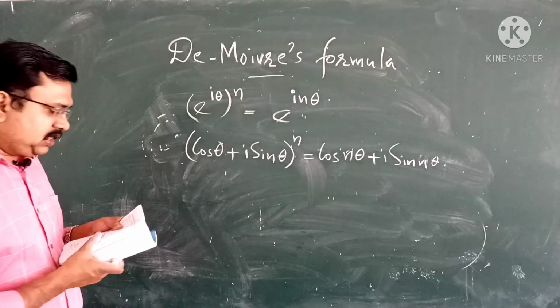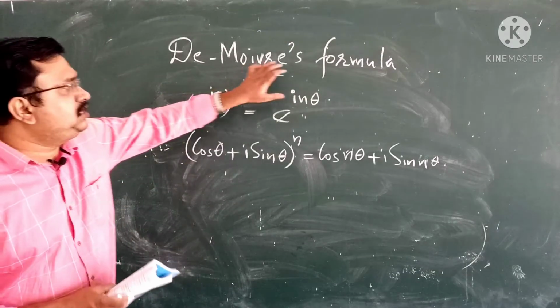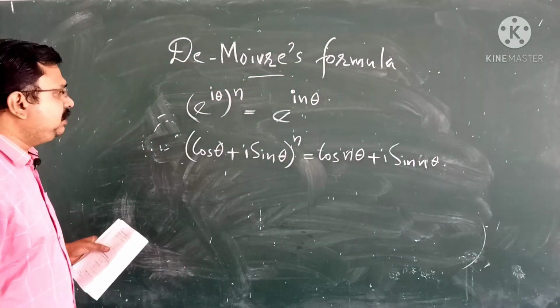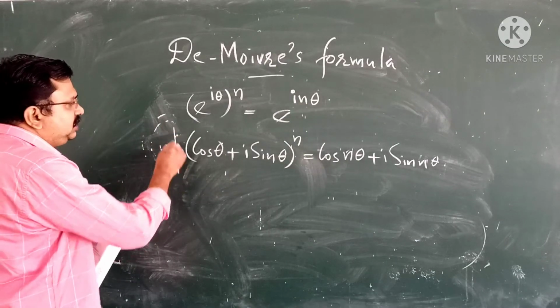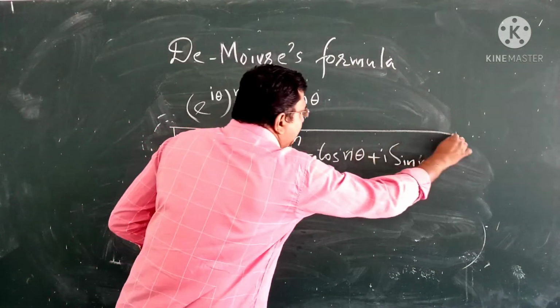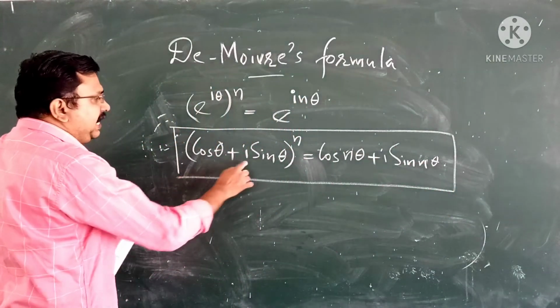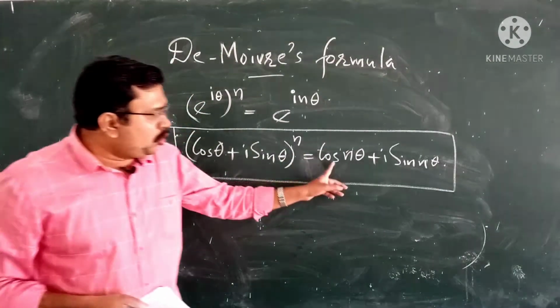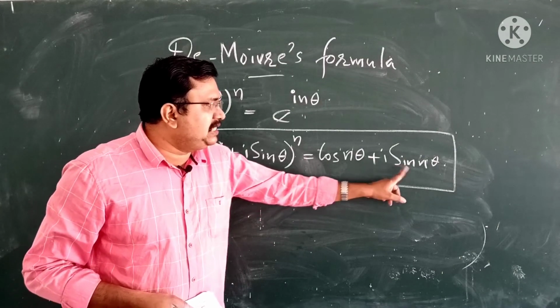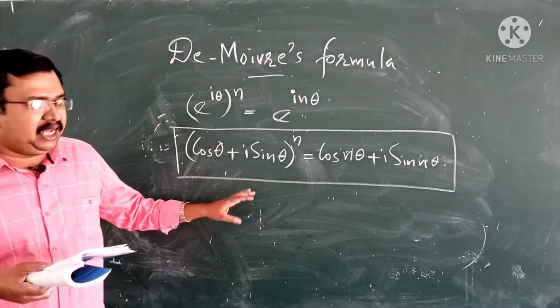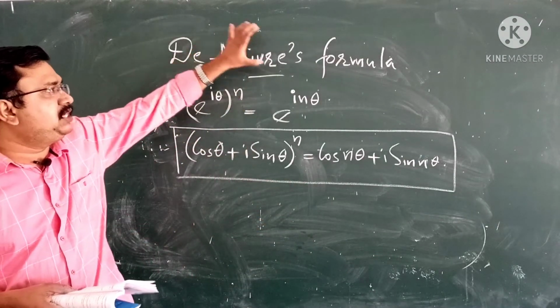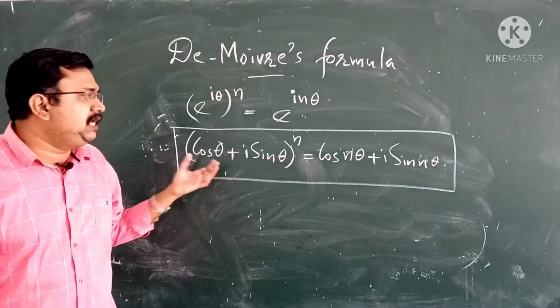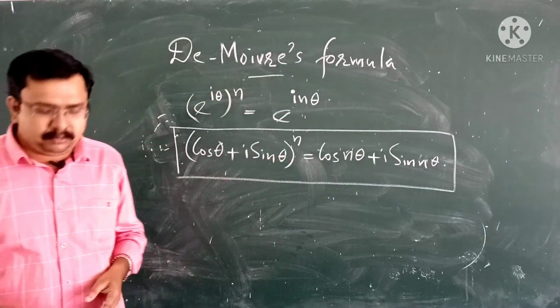This equation is called De Moivre's formula. Very, very important. Remember that (cos theta plus I sin theta) the whole raised to n equals cos n theta plus I sin n theta. This formula is called De Moivre's formula. Very, very important. Please write down on your notebook.